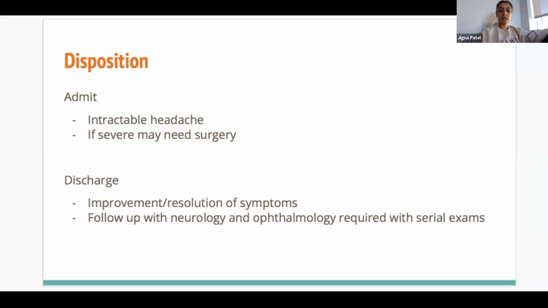If they're discharged, they need to have outpatient follow up with ophthalmology and neurology, just to monitor their symptoms and their progression. But if they're admitted, they should definitely have a consultation to ophthalmology and neurology at least while they're in hospital. Any questions before we move on?